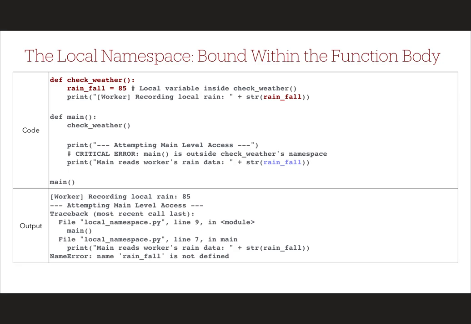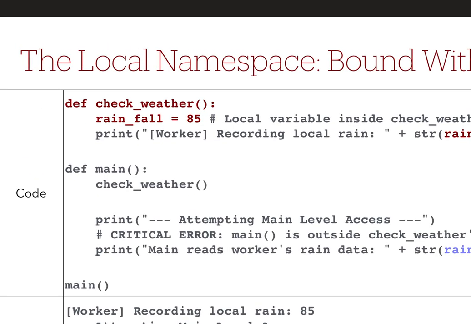So if I define, for example, the rainfall variable with the value 85 in the check weather function, and then I call the check weather function in some other function, say in the main function, that is fine because the check weather function is a global object, meaning it is defined without any indentation.